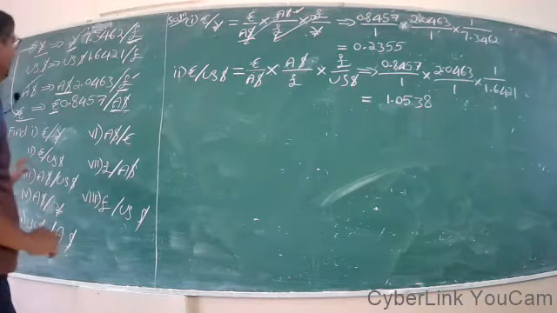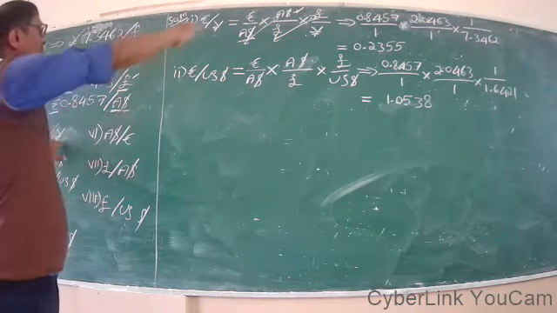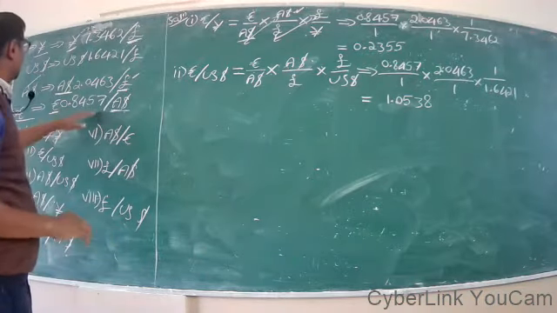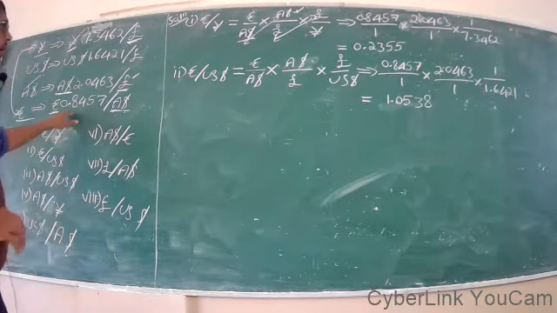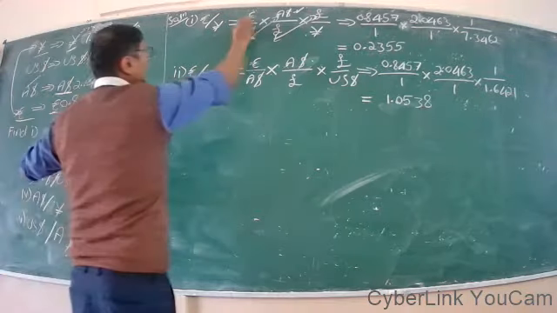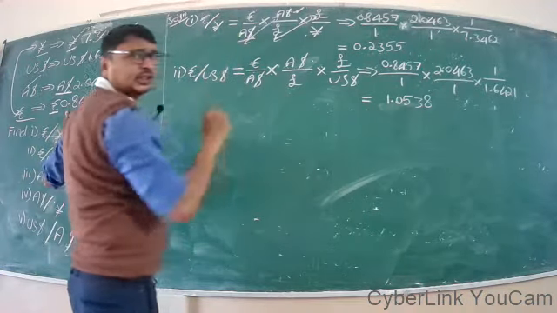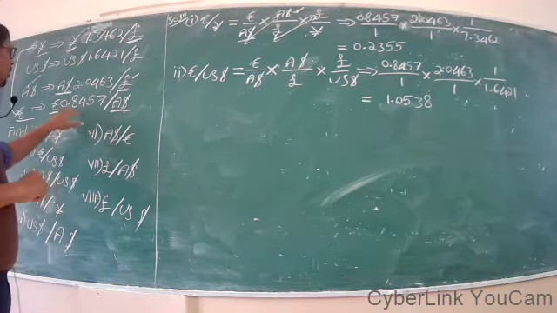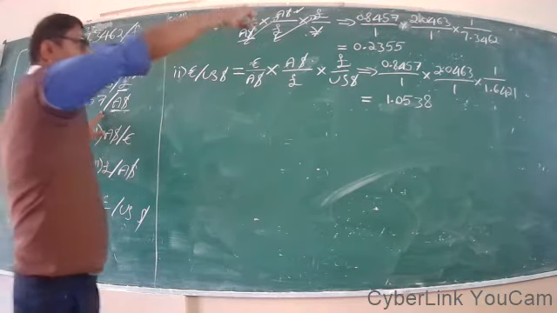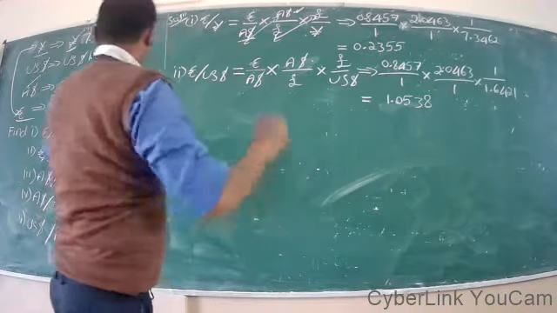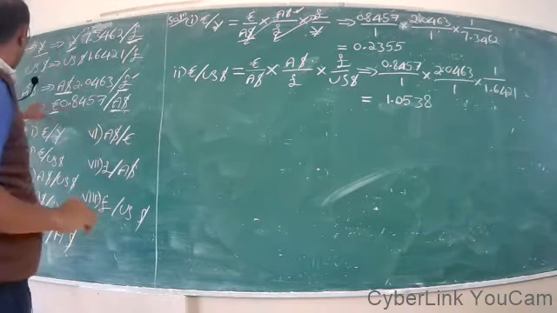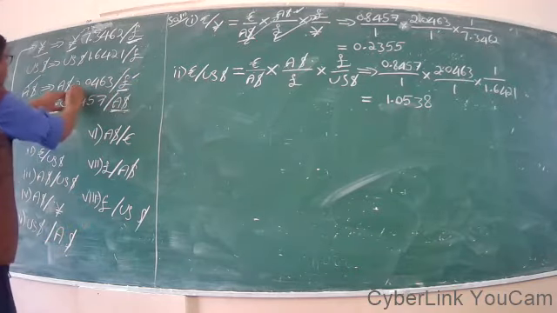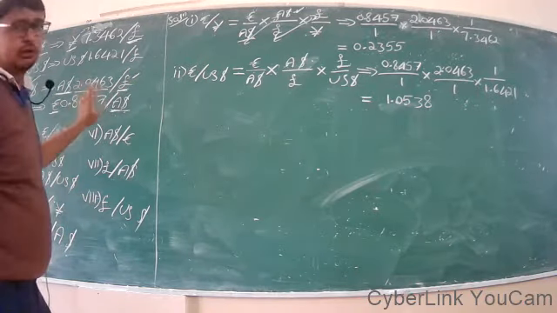So in the given problem, euro per Australian dollar is given. We can read it as euro per single Australian dollar. It is given in the problem that 0.8457 multiplied by Australian dollar per single sterling pound. It is given that 2.0463.